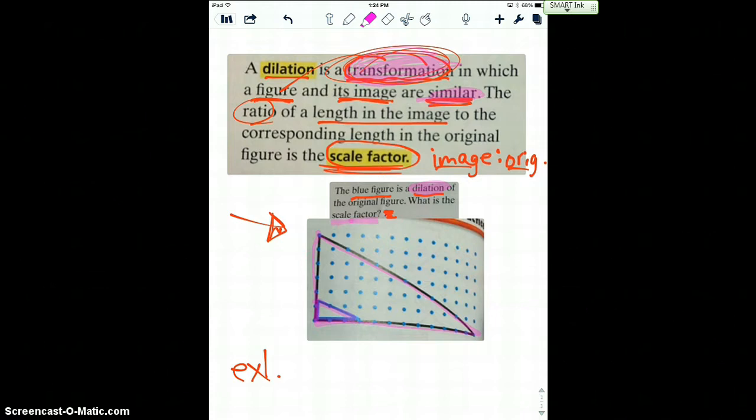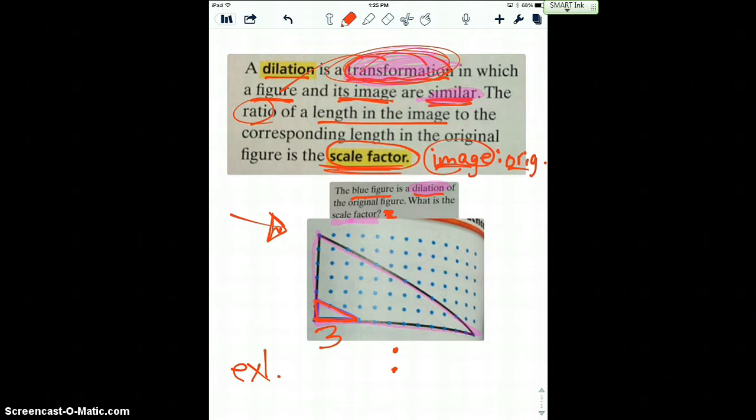Well, scale factor is a ratio. We're going to compare the 2 in a ratio. So we need the length of the image. Now the image is what it morphed into, this. So let's say I could look at any of these sides, but I'm going to look at either the vertical or horizontal. So if I look here, this has a length of 1, 2, 3.